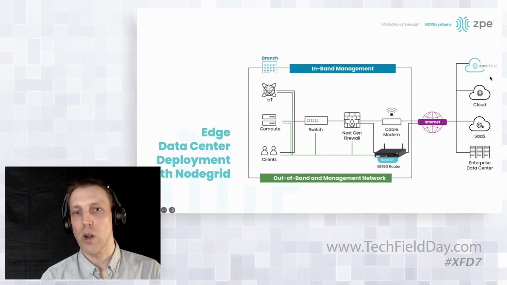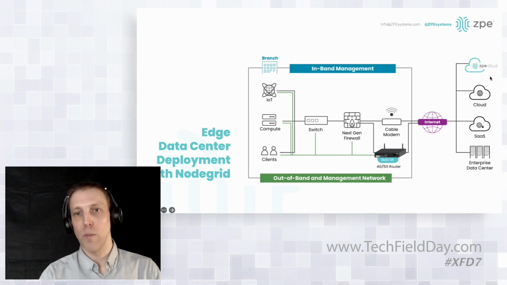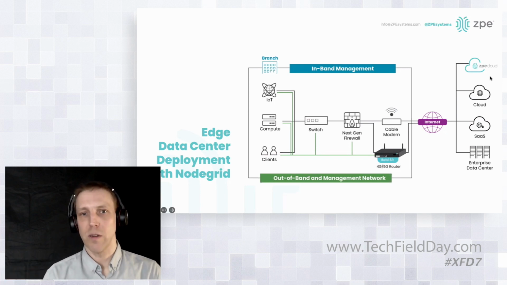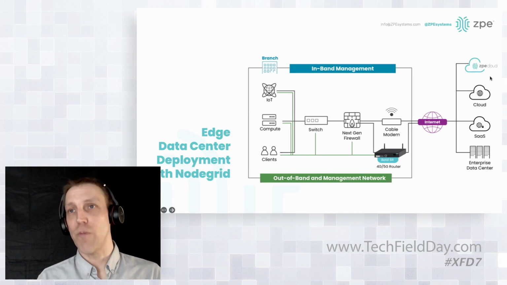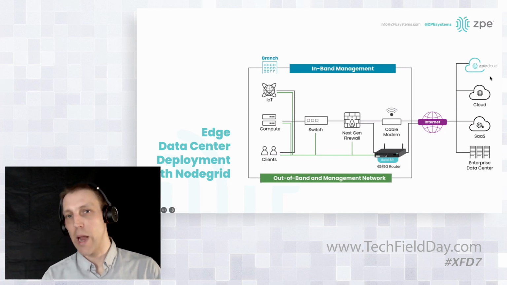For those of you who are quite familiar with enterprise networks or enterprise data center deployments, it's probably a very familiar concept. Most enterprise data centers have a dedicated management and/or out-of-band network, which provides them access to their equipment in case of a catastrophic failure of any of them.